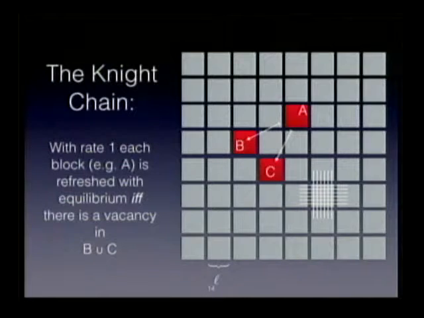We invent an auxiliary chain which has the following rule: a Poisson clock of mean 1 is attached to each block.